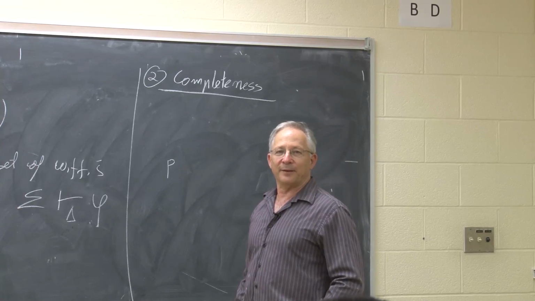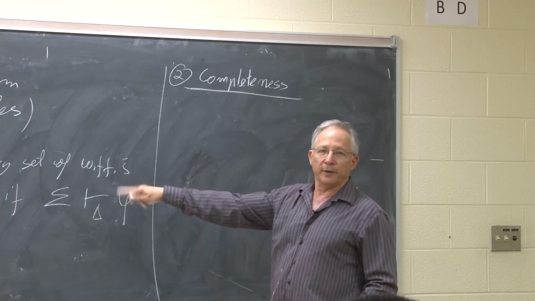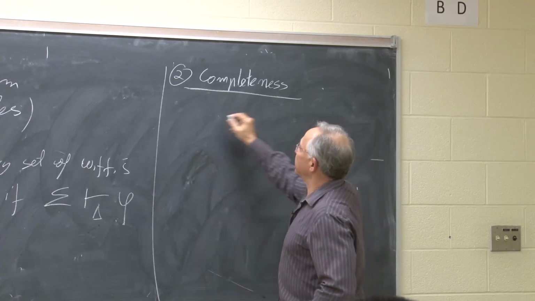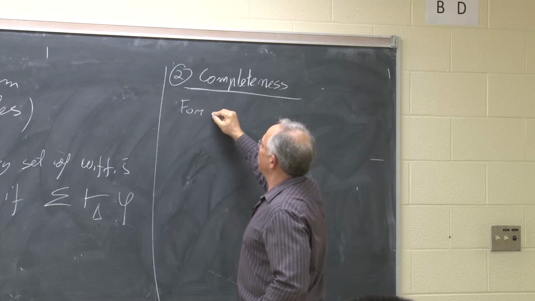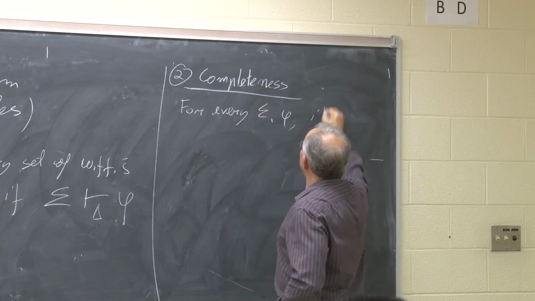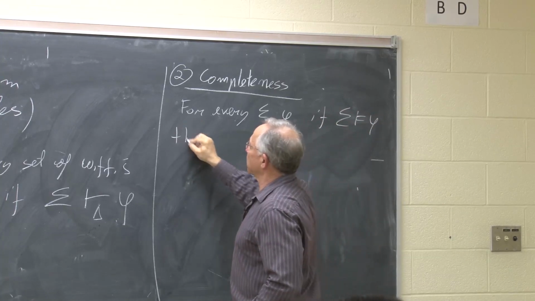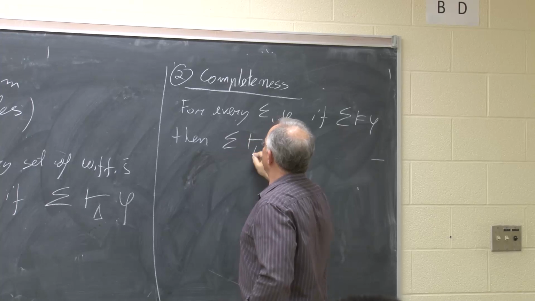Not every tautology, right? So here it will just be the reverse of this. For every sigma and phi, if sigma logically implies phi, then sigma can prove phi.